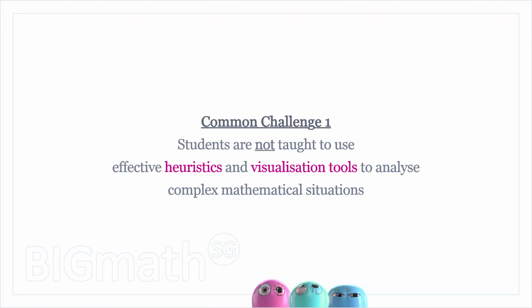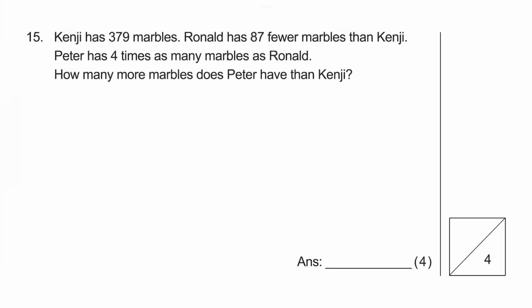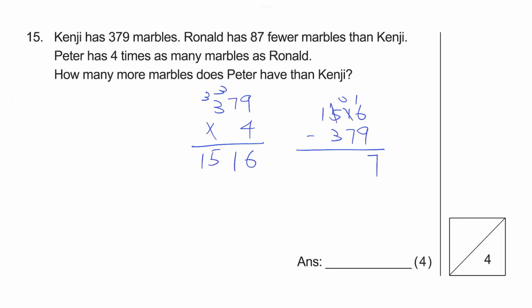Common challenge 1. Students are not taught to use effective heuristics and visualization tools, for example models, to analyze complex mathematical situations when they see a math problem. This is one of the approaches that many children use before learning the Big Math method. Looks familiar?